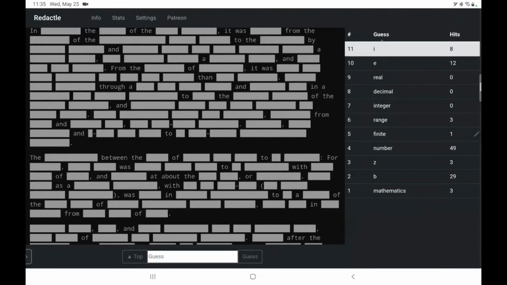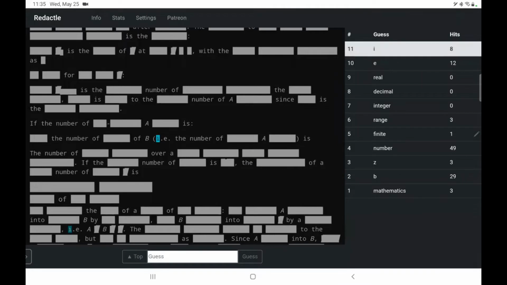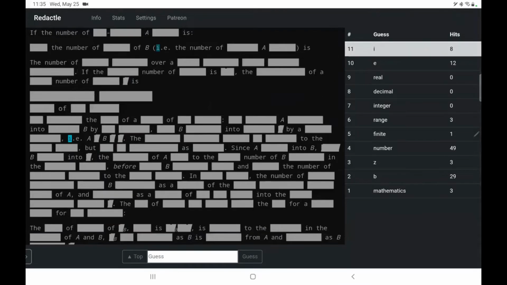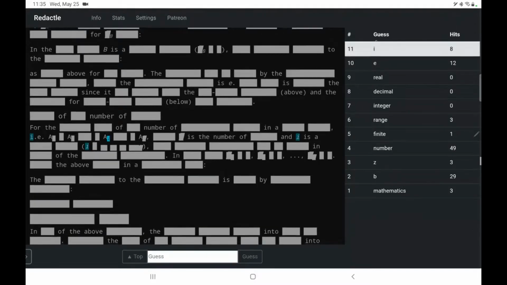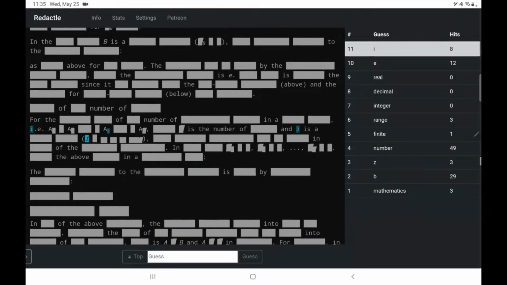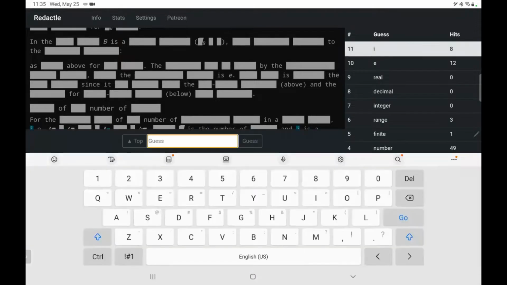Let's look at our I's. Let's maybe try Euler. No, he doesn't appear. Newton. Leibniz. How do you spell his name? Is there a T in there?